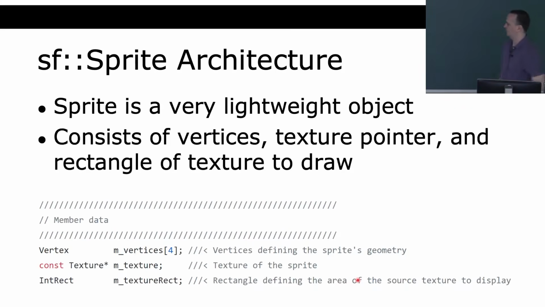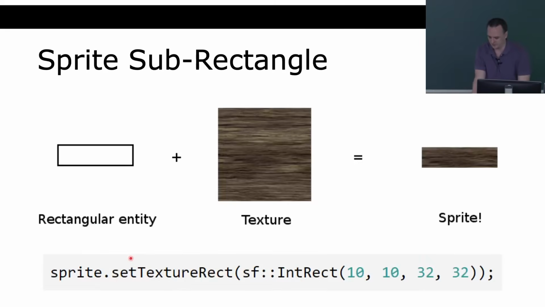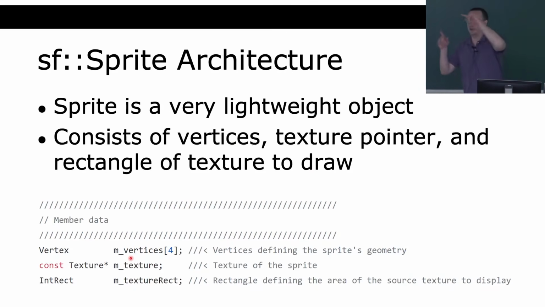Oh, here it is. Okay, so this is my slide on it. Sprite is a very lightweight object. It consists of the vertices, the texture pointer, and the rectangle from within the texture that we actually want to draw. The vertices define where on the screen the 4 vertices of this sprite are, because we could transform a sprite.